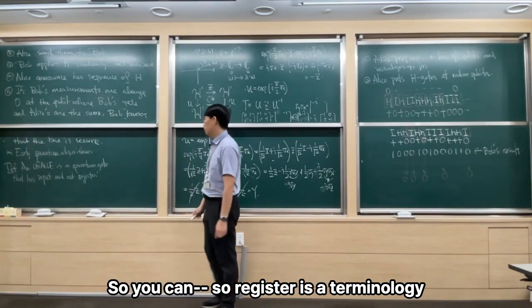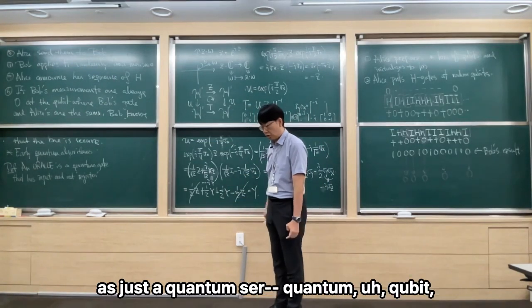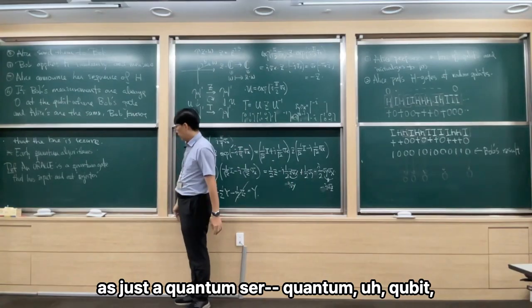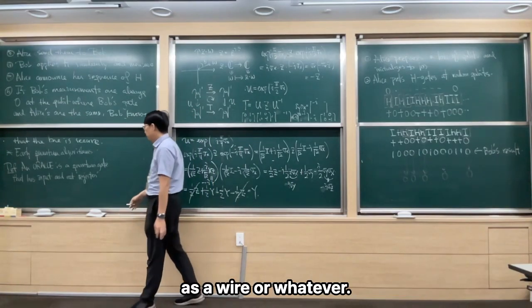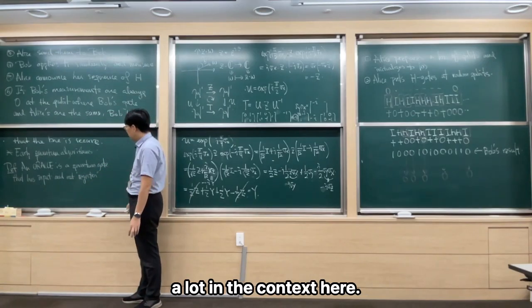Register is a terminology that often appears in the quantum computing business. You can understand the register as just the qubit, or as a wire or whatever. You'll see what it means, because I'm going to use it a lot in this context.